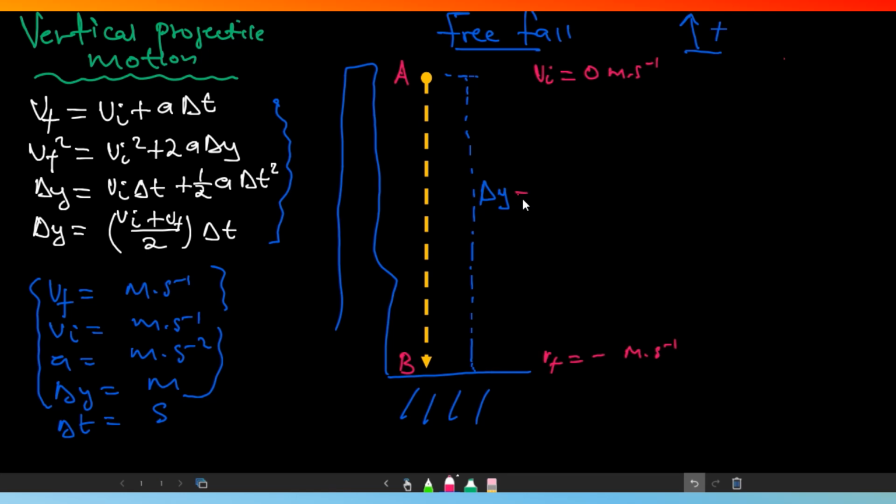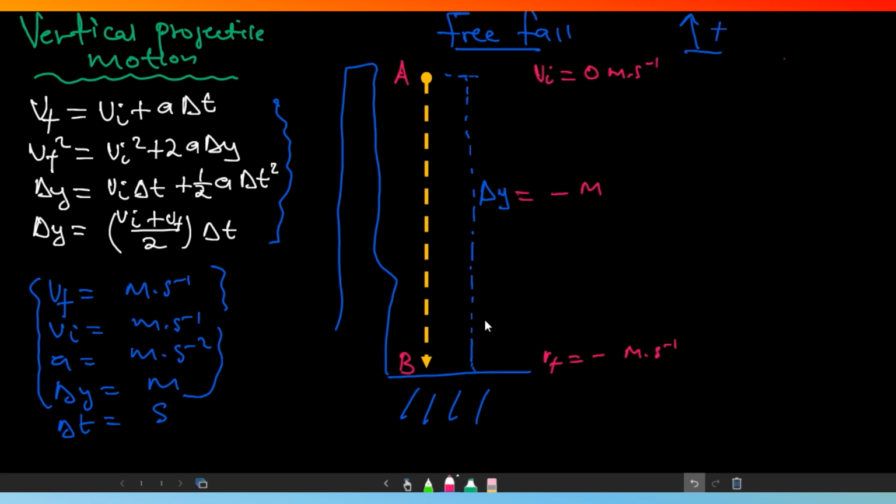From A to B, it is negative meters. This negative tells us the direction our quantity is facing: counting from point A to B means counting downwards. It doesn't mean the displacement is small.